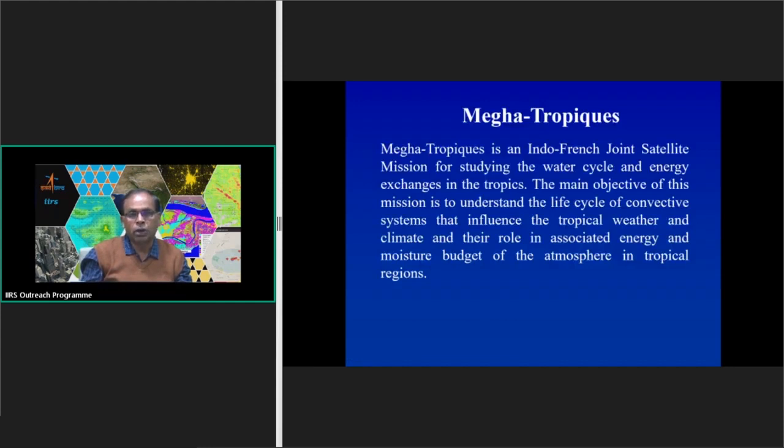Coming to the Megha-Tropiques, it is an Indo-French joint satellite mission for studying the water cycle and energy exchange in the tropics. The main objective of this mission is to understand the life cycle of convective systems that influence the tropical weather and climate, and their role in the associated energy and moisture budget of the atmosphere in the tropical region.